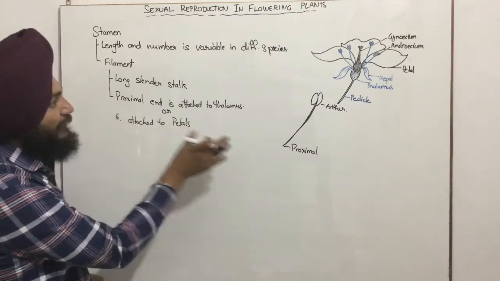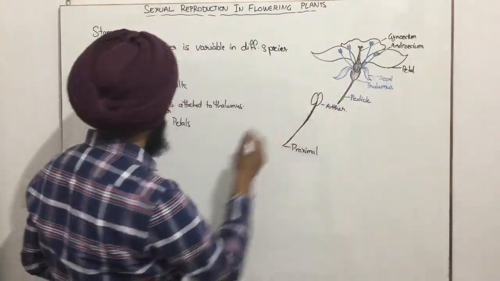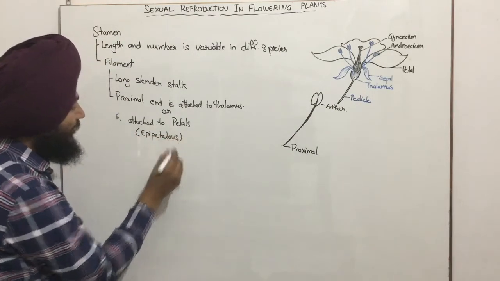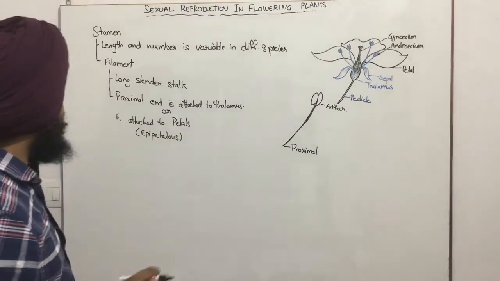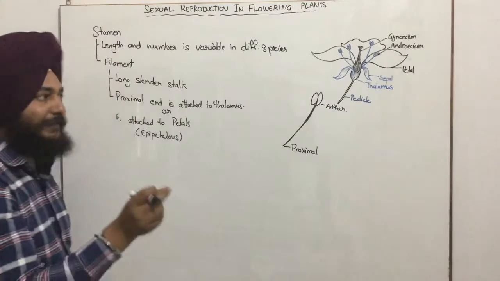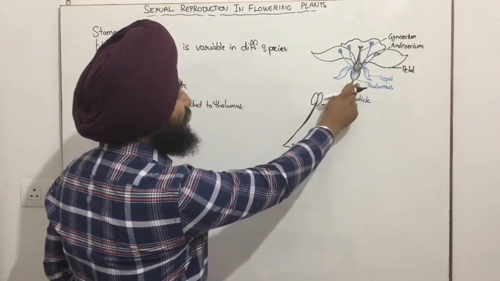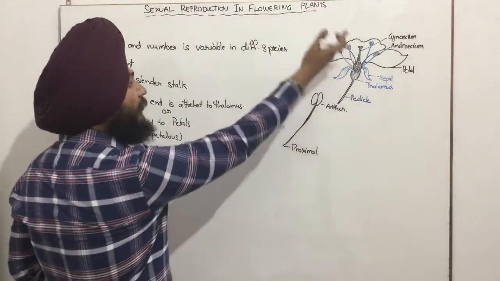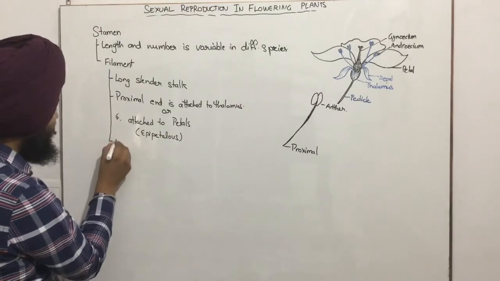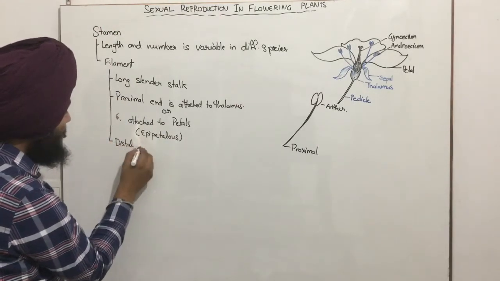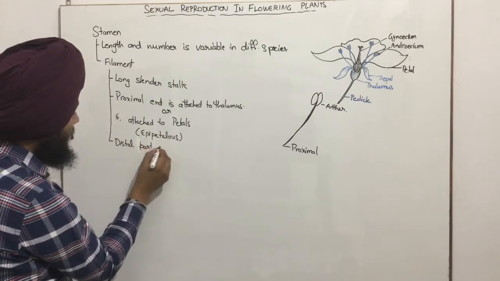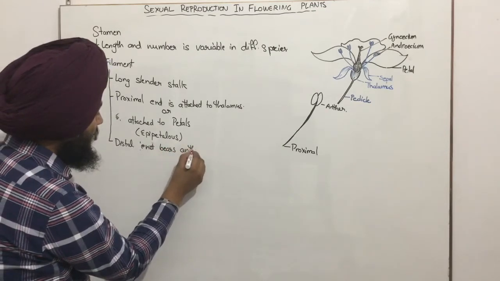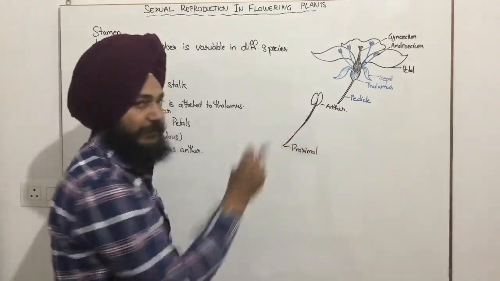And in this case, when the proximal end of the stamen is attached to the petal, it is called epipetalous. इस केस में हम इसे जो फ्लावर है उसे एपिपेटलस कहेंगे. ठीक है. So the proximal end is either attached to the thalamus or to the petal, and the distal end, that is away from the flower, bears the anther. Distal end bears anther. So now we will discuss the structure of the anther.